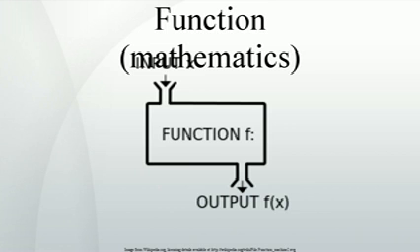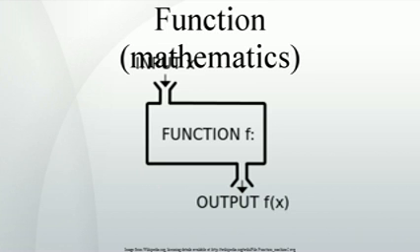In analogy with arithmetic, it is possible to define addition, subtraction, multiplication, and division of functions, in those cases where the output is a number. Another important operation defined on functions is function composition, where the output from one function becomes the input to another function.